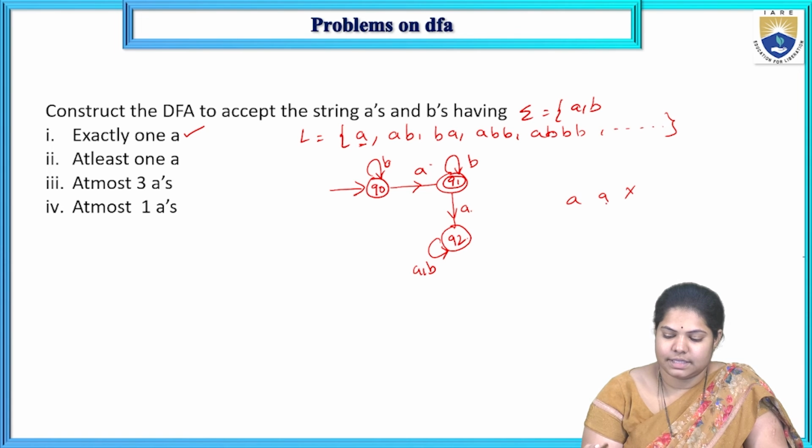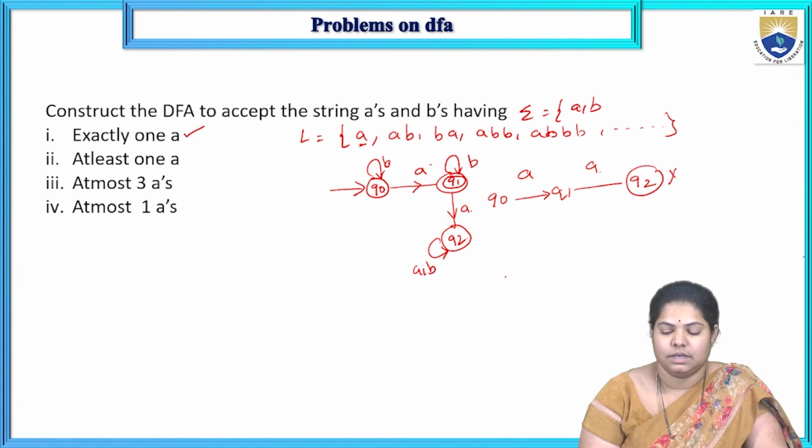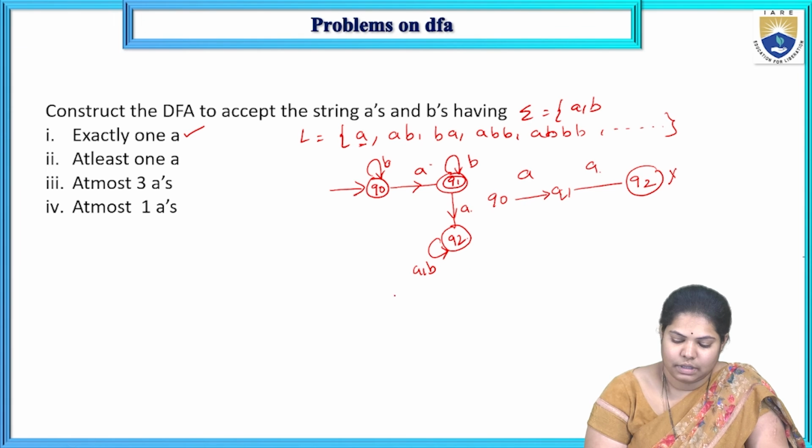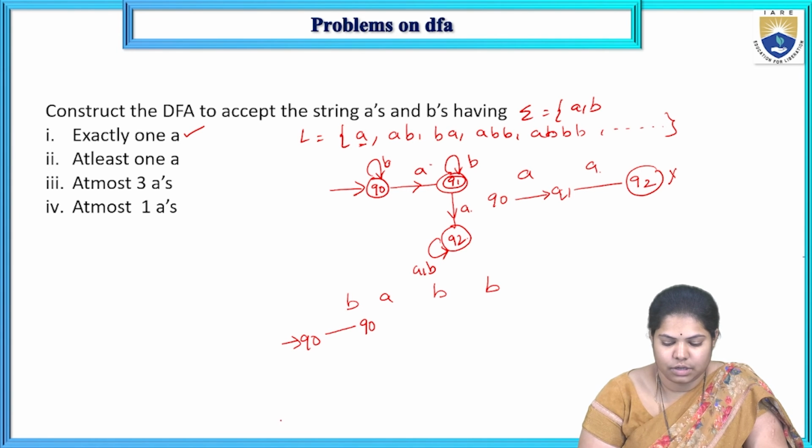So if I take an example like AA, I start with Q0. On seeing A, I reach Q1, and on seeing A again, I reach Q2, which is not a final state. Now if I take the string B, A, B, B: starting with Q0, on seeing B, I stay on the same state Q0.